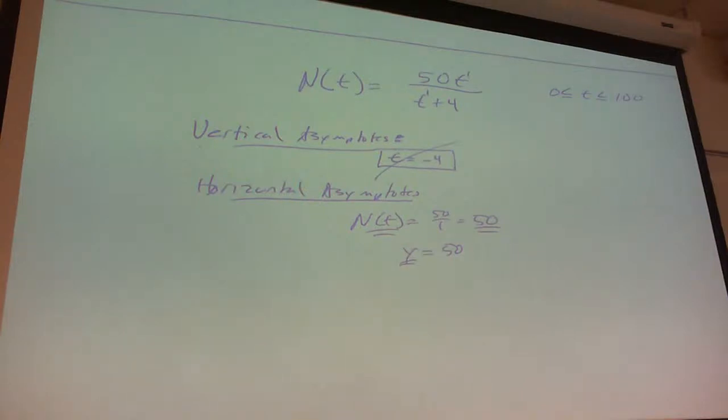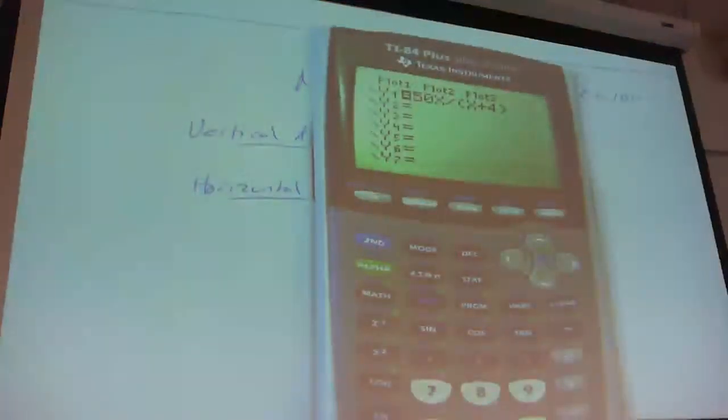Now, if I wanted to graph this, let's practice graphing this. Let's go to y equals, and let's put 50x divided by, but remember that denominator needs to be in parentheses. So 50x divided by, parenthesis x plus 4. Now, I'm going to go ahead and give you the window.